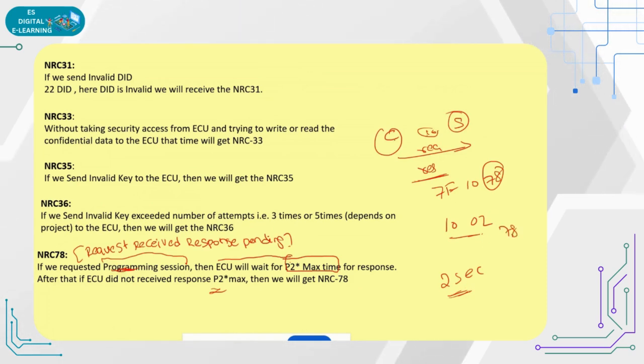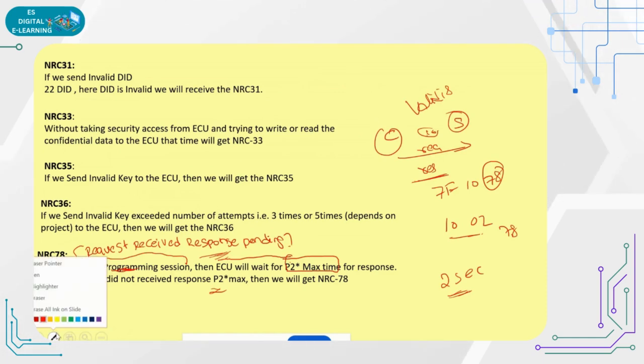If it is crossed, it is still waiting, with the response pending. The valid data is sent to the server, still the response is pending. That time you will get an NRC 78.